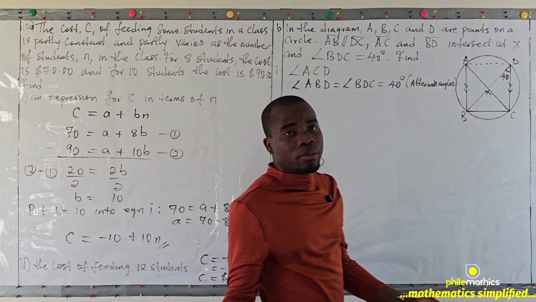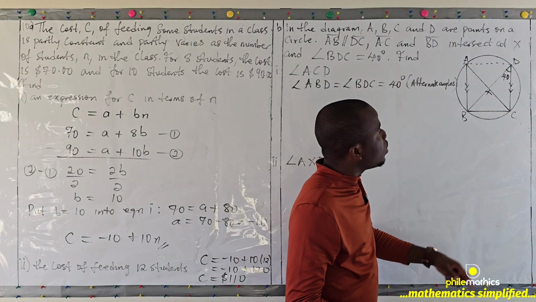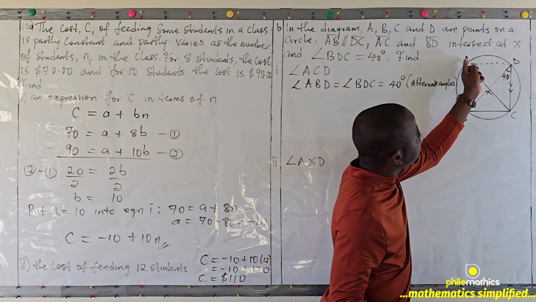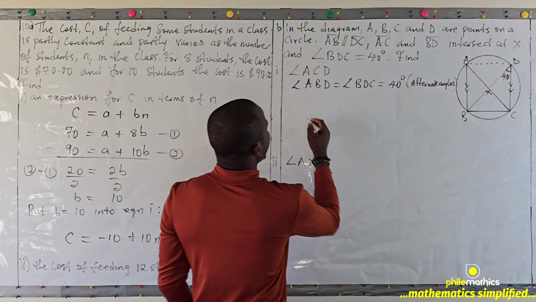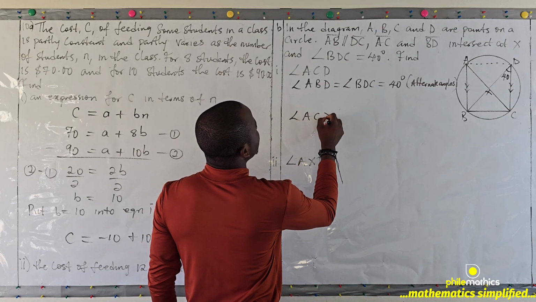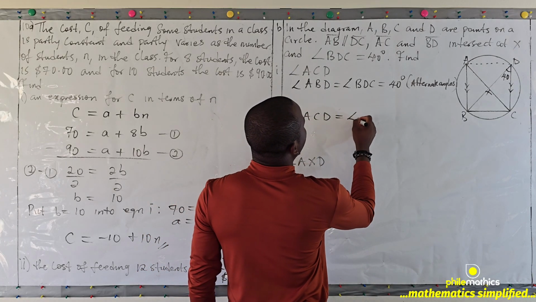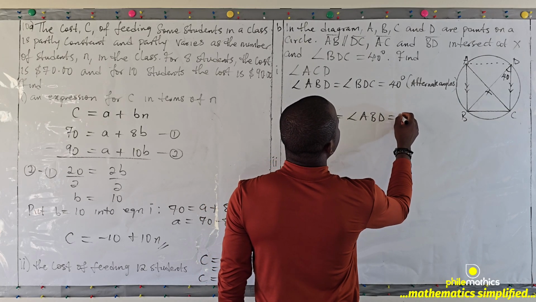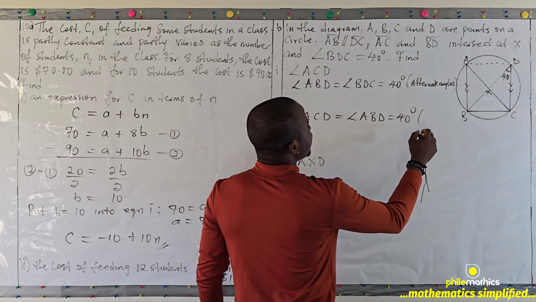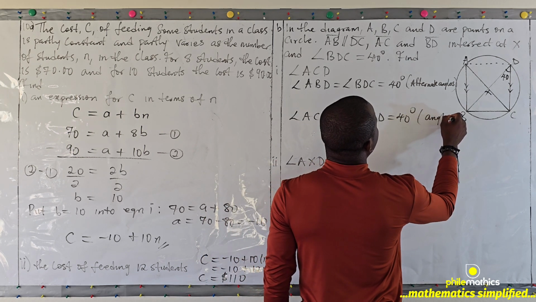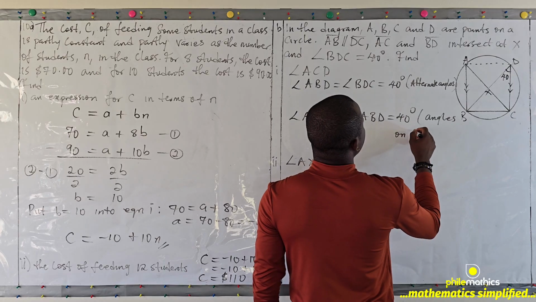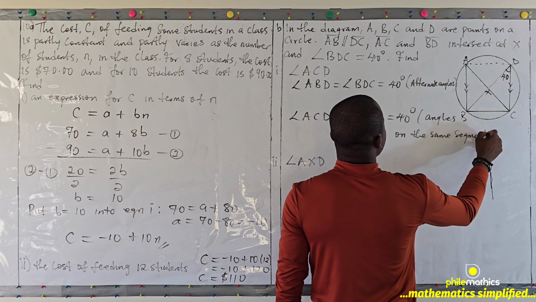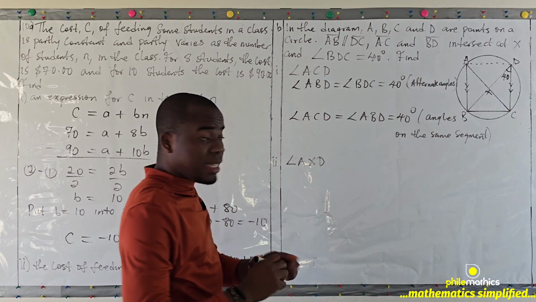It's just one of the theorems in circle geometry. So because this lies on this segment, this angle and this angle are equal. Angle ACD equals angle ABD equals 40 degrees. The reason is angles on the same segment. As easy as that.